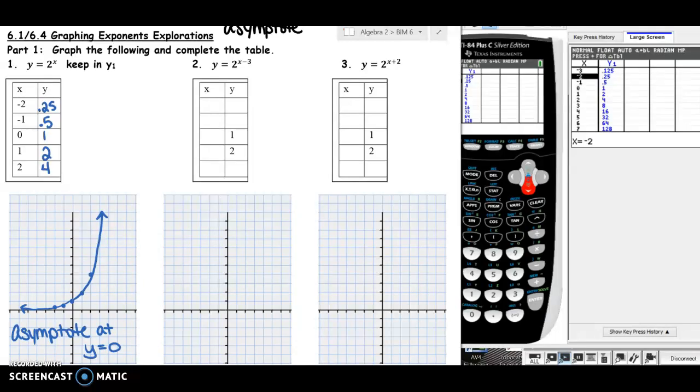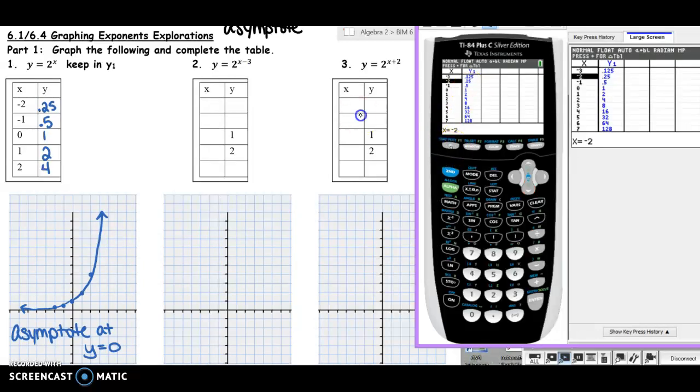Now take a look at number 2. What do you think the minus 3 in the exponent is going to do to this graph? Any ideas? Okay, get in your head what you think it's going to do, and you can base this off of things we've done in the past with graphing if you want to, and then type this in.